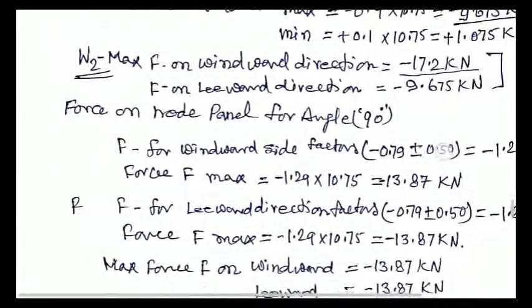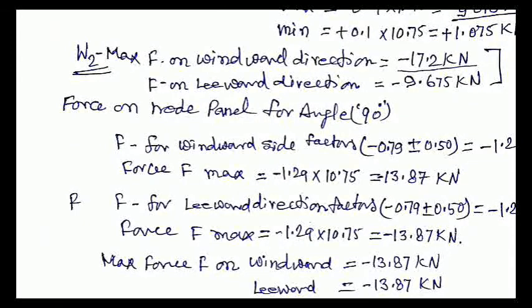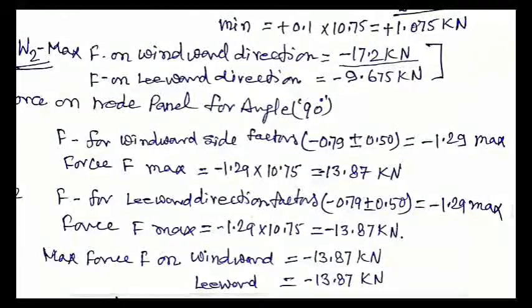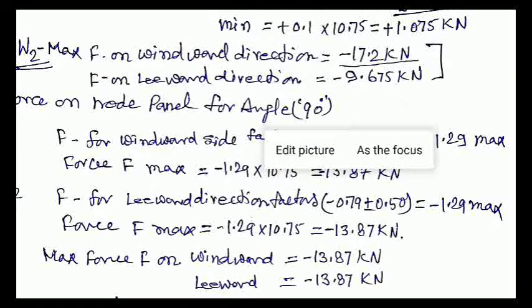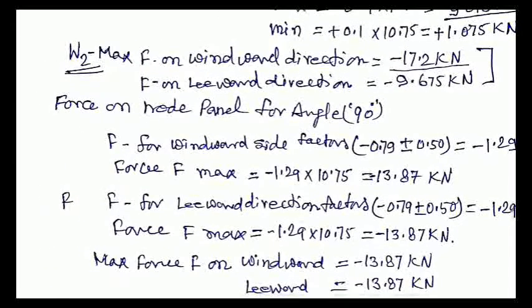So the maximum F in the windward direction is minus 17.2 kilonewton, and in the leeward direction it comes out to be 9.675 kilonewton. But we will go for the maximum, so minus 17.2 kilonewton will be the maximum force in the windward direction.